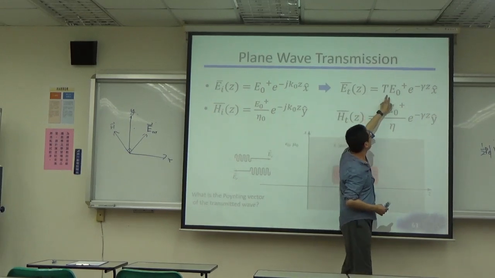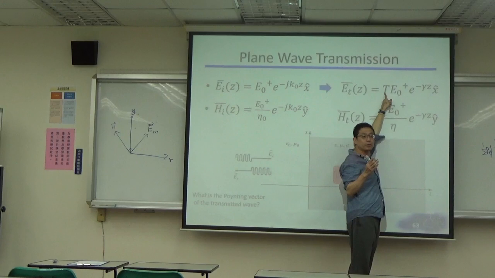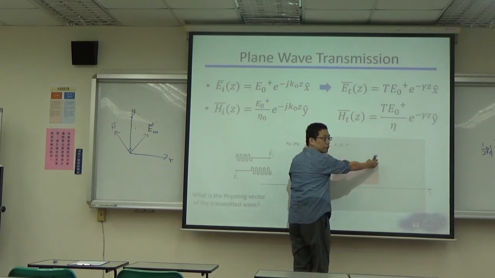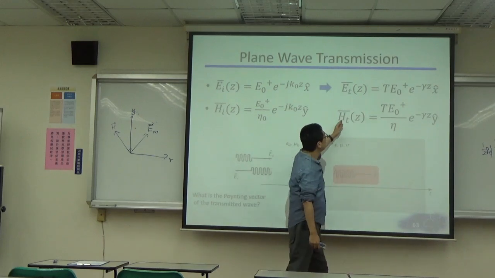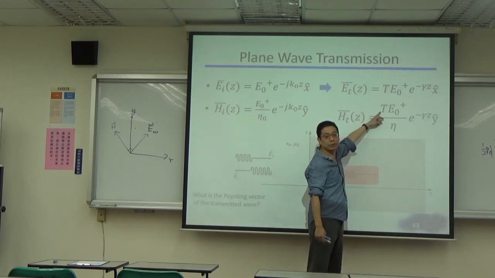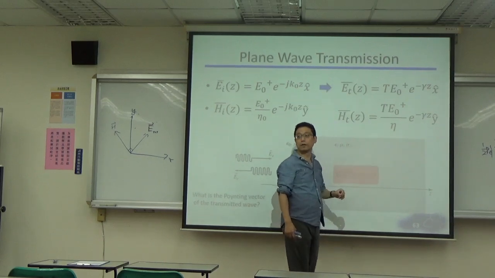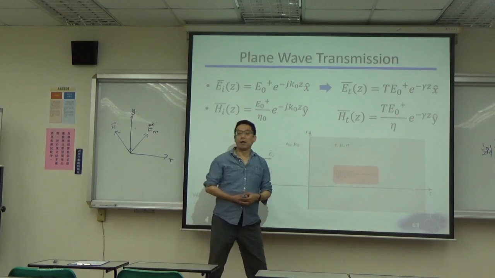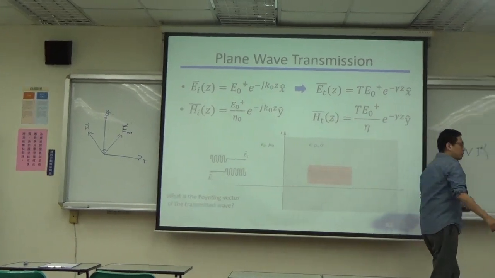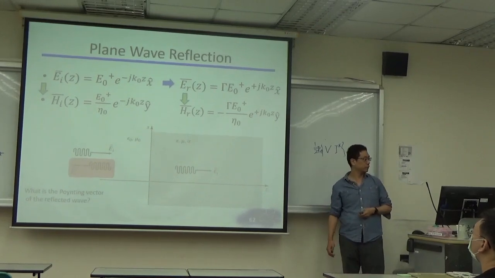You write down ET in this form. T is the ratio between the magnitude here and the magnitude here. And there is a ratio between the E field and the H field for here. And there is another pair.